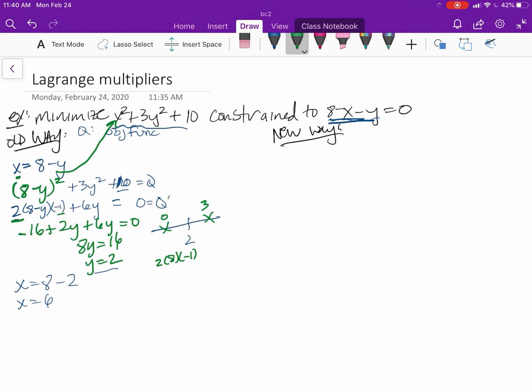So remember, all we care is it negative or positive? That's a negative, which means it's decreasing. If I substitute 3, I'd have 2 times 8 minus 3 is 5 times negative 1 plus 6 times 3 is 18. So we'd get 18 minus 10 is a positive, increasing, which tells us then that is a min. Okay, so we are good. Or again, use second derivative test either way.